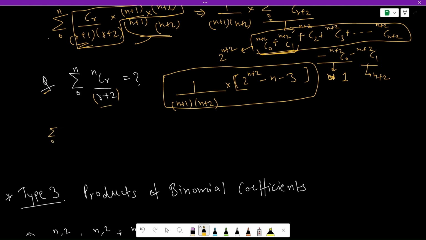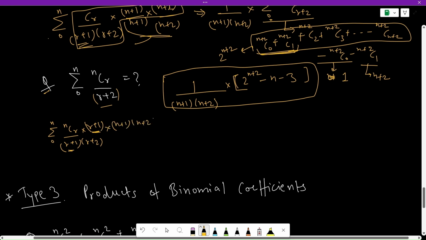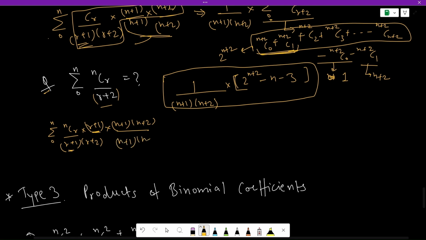So we will write it as summation 0 to n, nCr by (r plus 1) into (r plus 2) into (r plus 1). So this we multiply and divide again by (n plus 1)(n plus 2) divided by (n plus 1)(n plus 2).